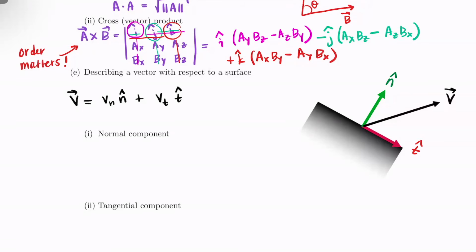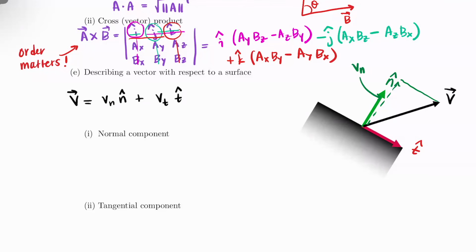And so what we have here then is our normal component of this vector v is going to be the part of the vector that's projected onto the normal direction. So if we just make a right triangle with that n hat and our vector, this side of our triangle is Vn.